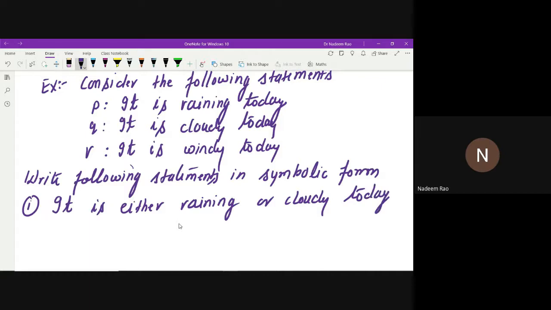And the second one, neither is it raining nor cloudy today.